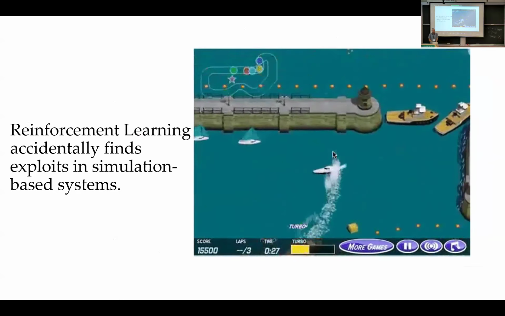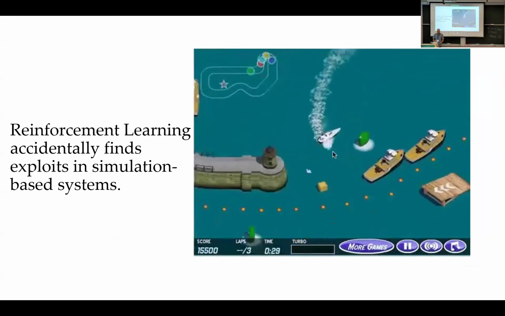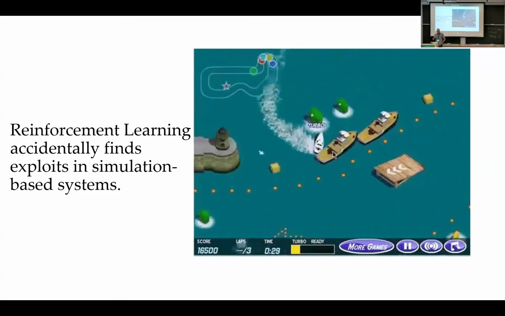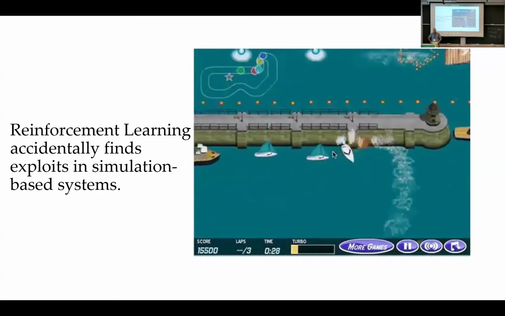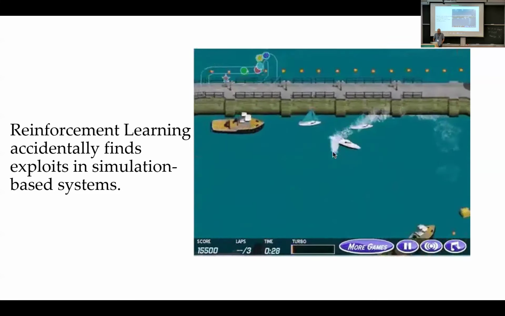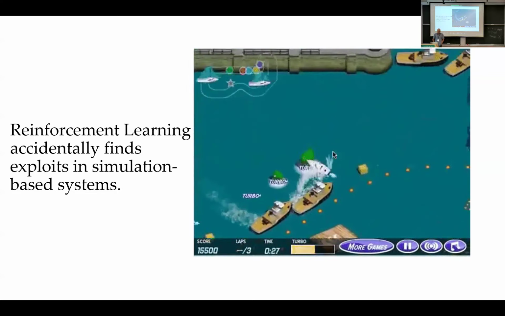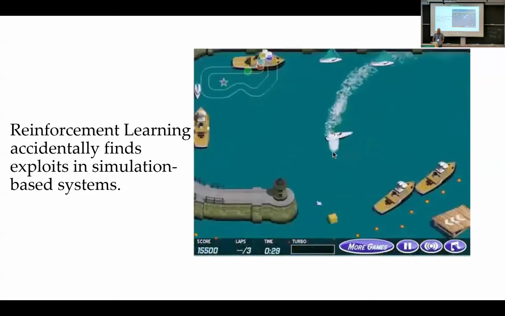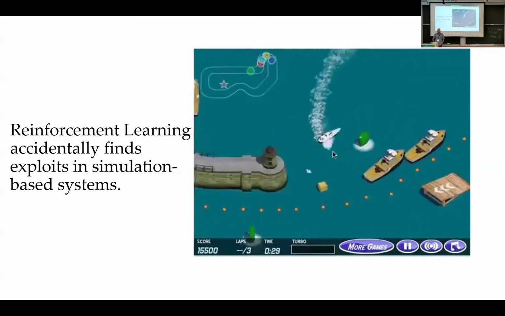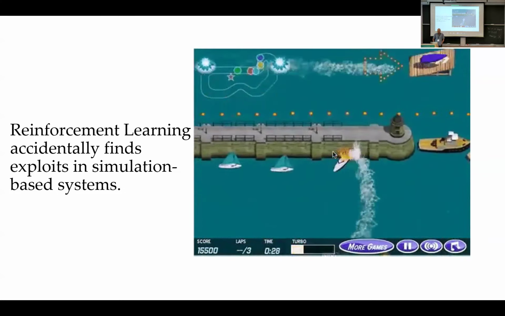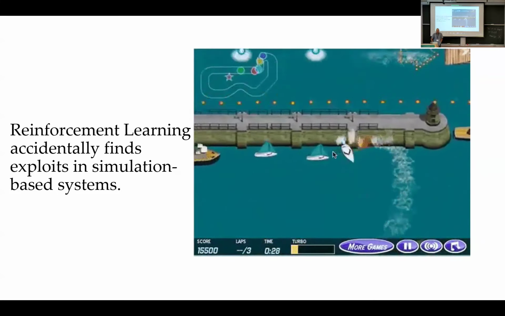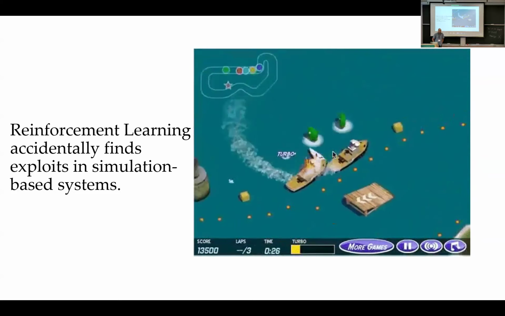This is from reinforcement learning, solving some human-generated simulation. So this is like a game where I guess this boat can increase its score by, I don't know, going over a longer distance or something like that. And the thing is, the game has a bug in it, right?